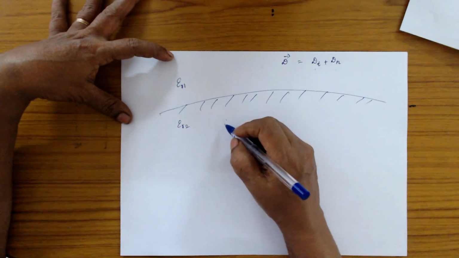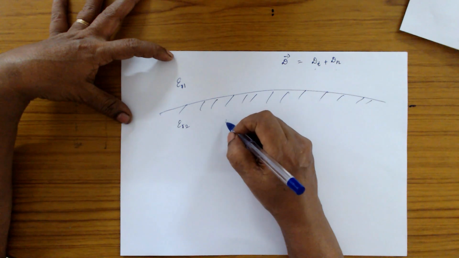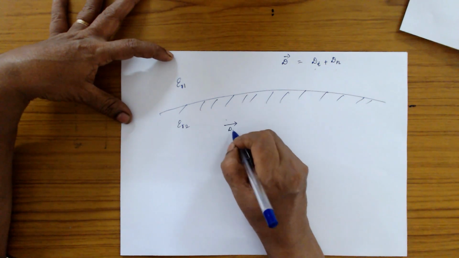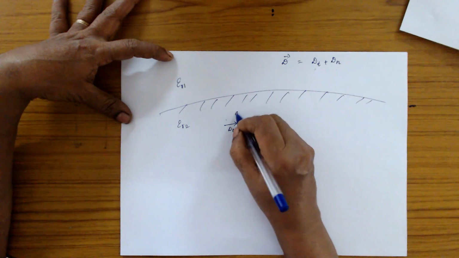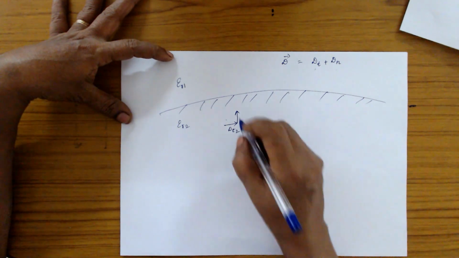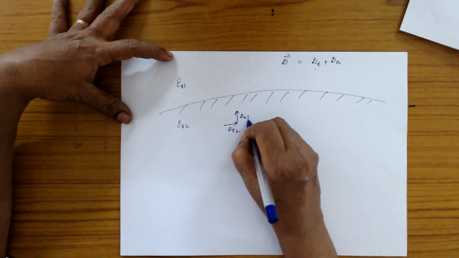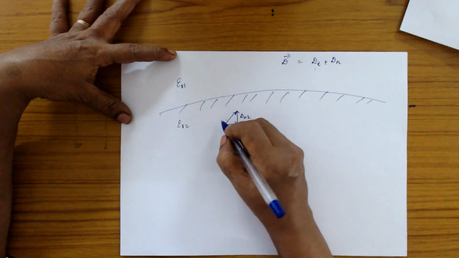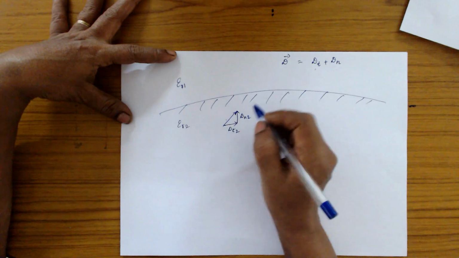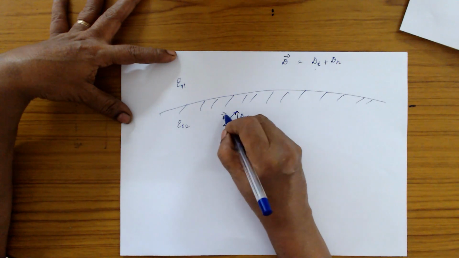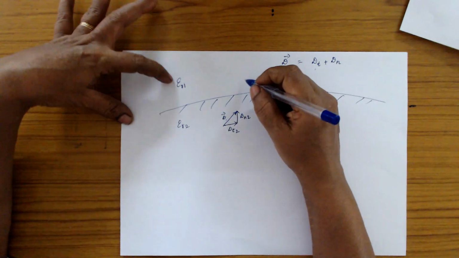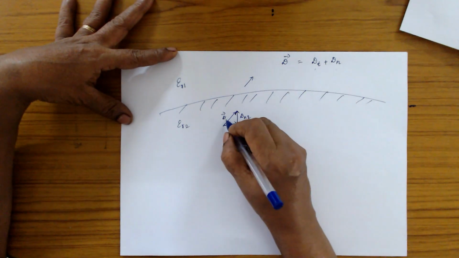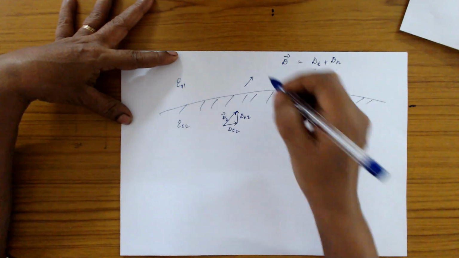So I'll be drawing the vector. This is my tangential component, this is the Dt vector, and this is Dt2, this is Dn2. This vector is your D vector. Similarly in medium 1, this is D2, and this is your D1.